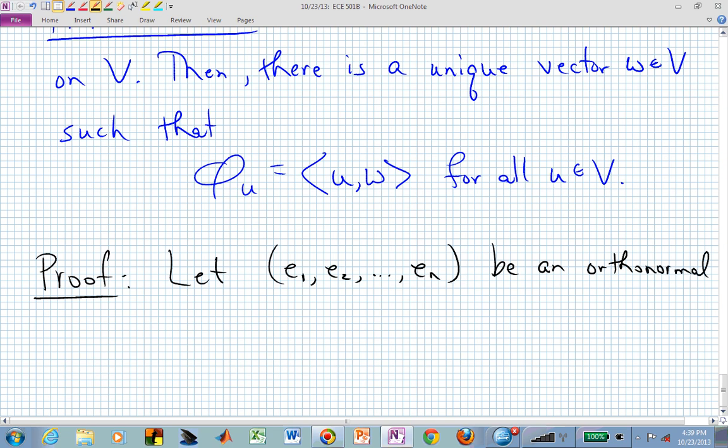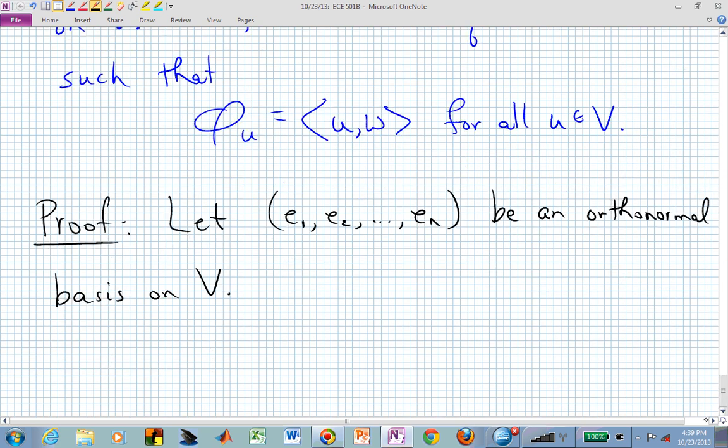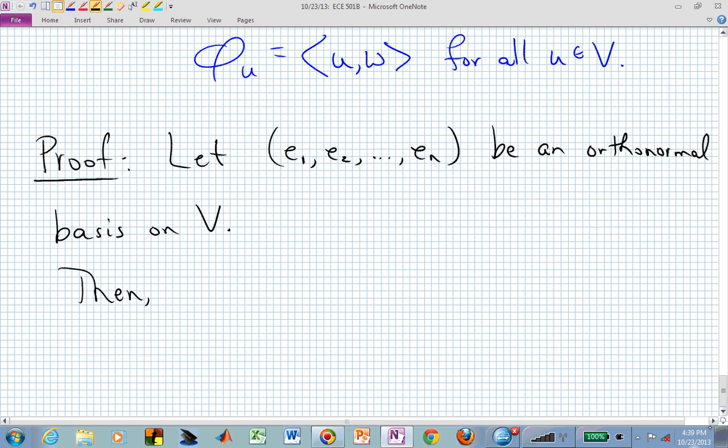That's an orthonormal basis on V. Then, if we had this linear functional applied to U, that's the same as this linear functional on an orthonormal decomposition of U on this orthonormal basis.